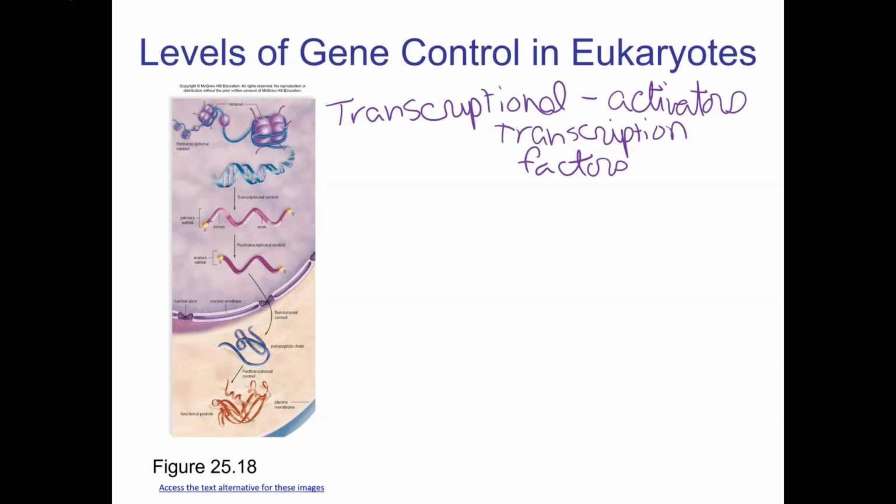So then we have post-transcriptional control. Post-transcriptional control would be the addition of that poly A tail, the addition of the guanine cap, the removal of the introns, all of the mechanisms that produce that mature messenger RNA are all part of that post-transcriptional control.